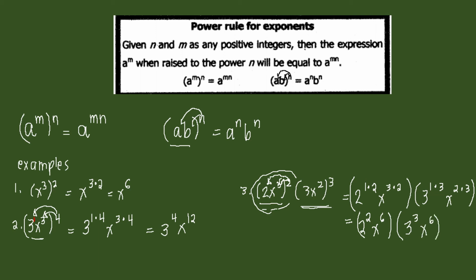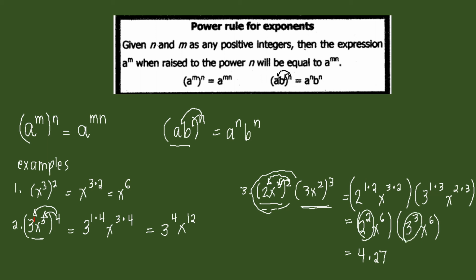We're not yet done because we still need to multiply the two values in the parentheses to make it as 1. So what is 2 squared? That is 4, right? What is 3 cubed? That is 3 times 3 times 3, which is 27. So 4 times 27, so the whole numbers, we multiply them.